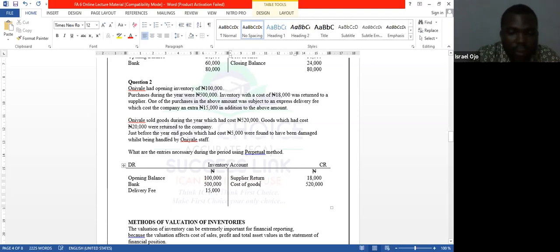Then after that, we have goods which at cost 20,000 were returned to the company. You know, we have actually made sales before. Now they have returned it back to us. It means that an inventory that we gave out is coming back to us. It means our inventory will increase. So once our inventory increases, you debit the account.